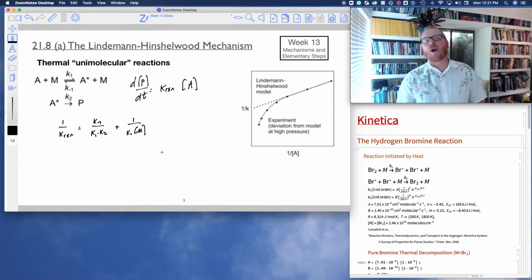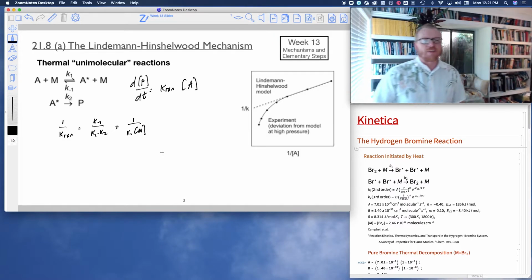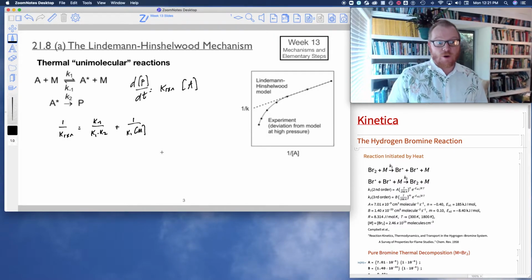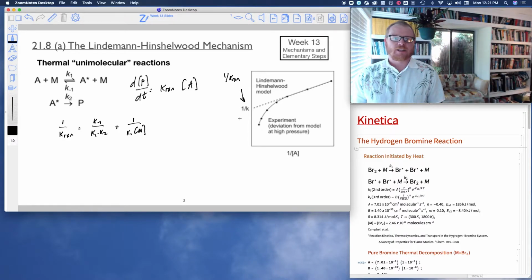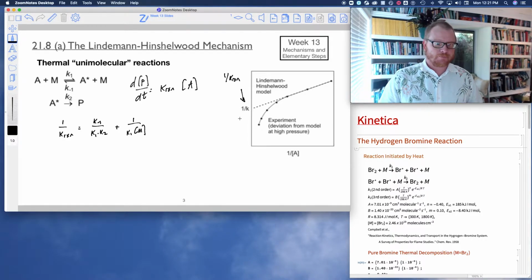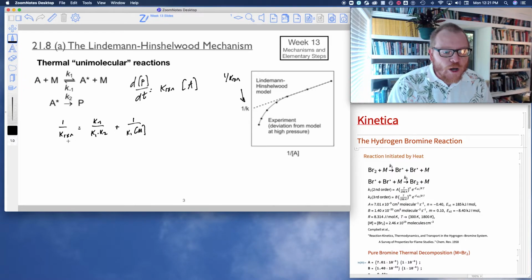I'm not showing you where this algebra comes from, but the important thing to note is 1 over K, and I'll point to this and say that's 1 over K RXN, the apparent rate constant in the high pressure limit. So we can see that 1 over K is proportional to 1 over concentration, 1 over M really.